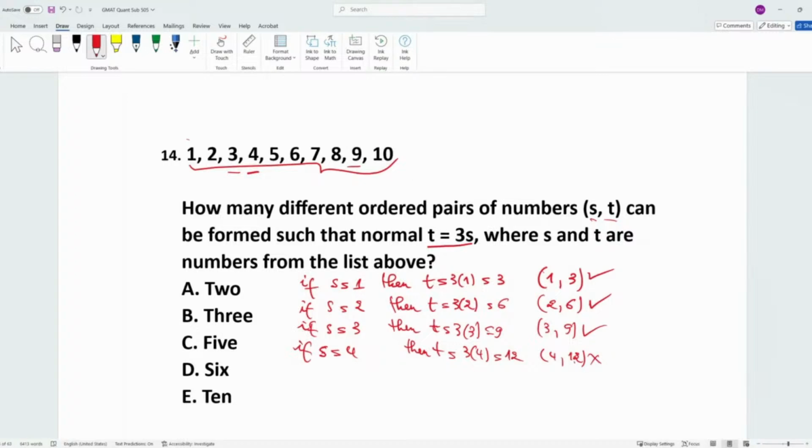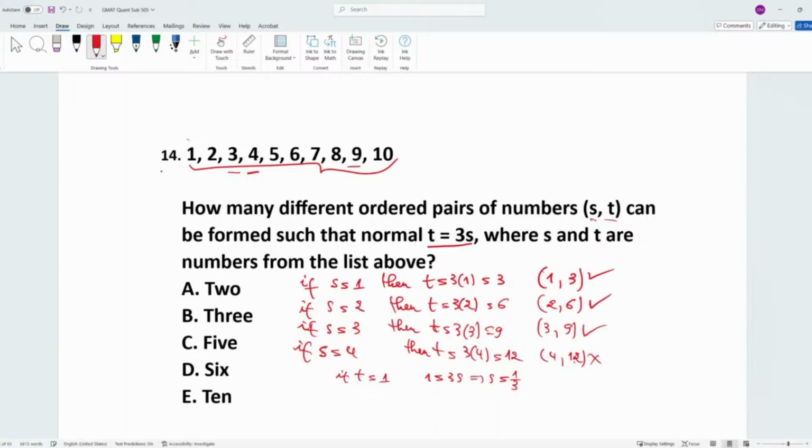The list stops at 10. If we do it the other way around, for example if T is equal to 1, then 1 is equal to 3S, and S will be 1 over 3.